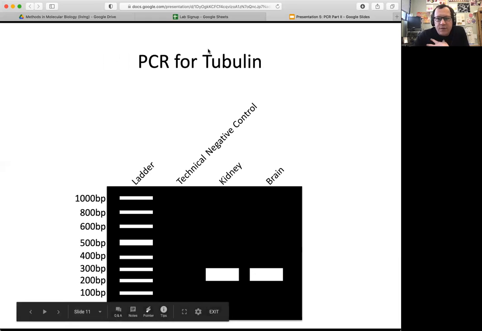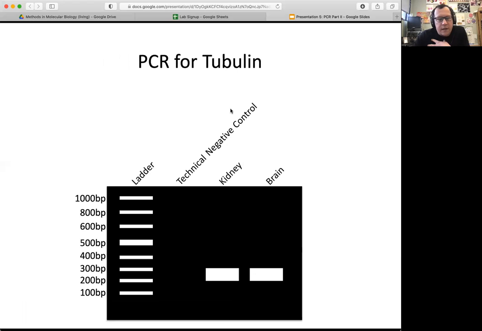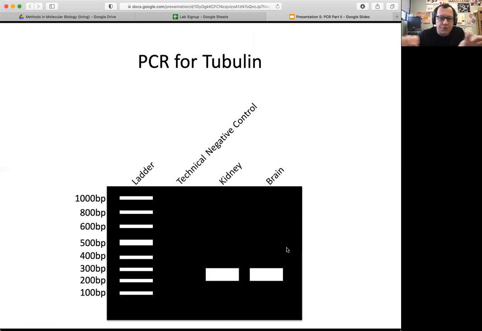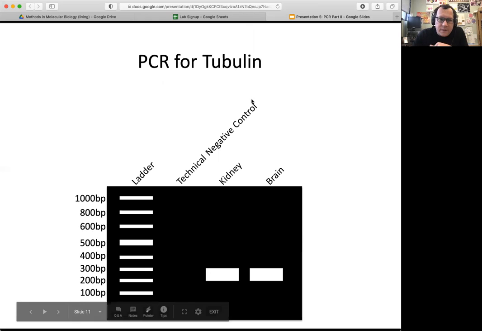We generally use something called tubulin, or we can use actin, or some people use GAPDH, or G3PDH, glyceraldehyde 3-phosphate dehydrogenase. Generally, any housekeeping gene is going to be something that's expressed in a large array of cell types. For our purposes, tubulin tends to work pretty well. It's expressed in most tissues, most cells.